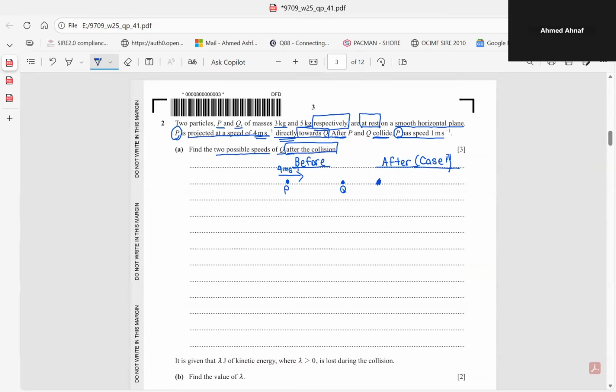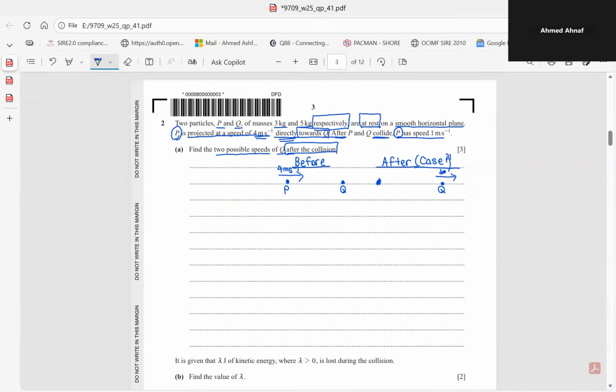Q, oh sorry. Q can either move in this direction, and if Q moves in this direction, then P can... okay, so... All right, so Q can be here.